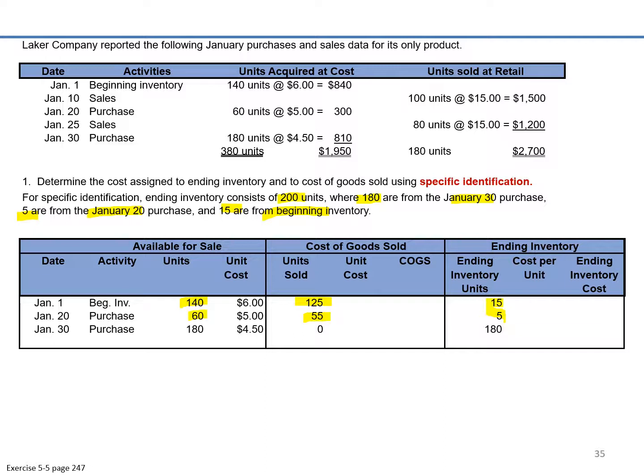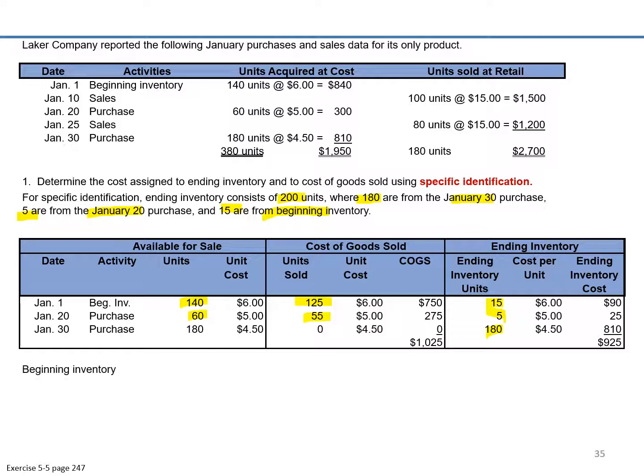We have 0 in our cost of goods sold from January 30th because all 180 are still sitting in our ending inventory. Apply your cost to each line. Sum your cost of goods sold, $1,025. Ending inventory, apply your cost to each line, which means we have a total of $925 in our ending inventory.